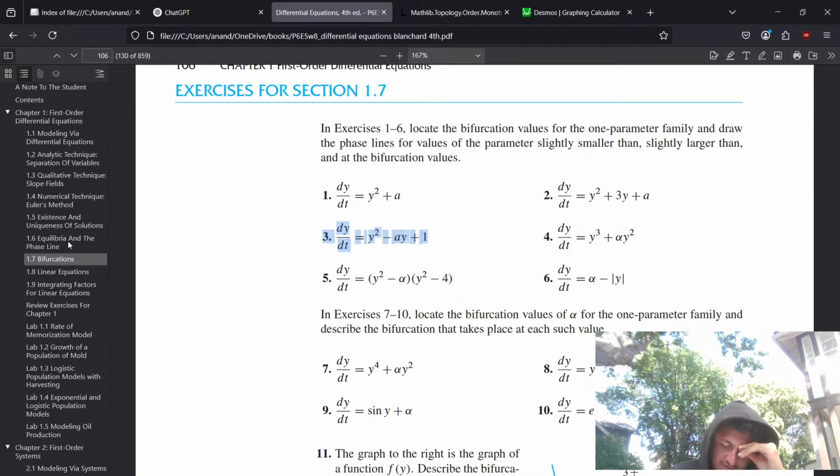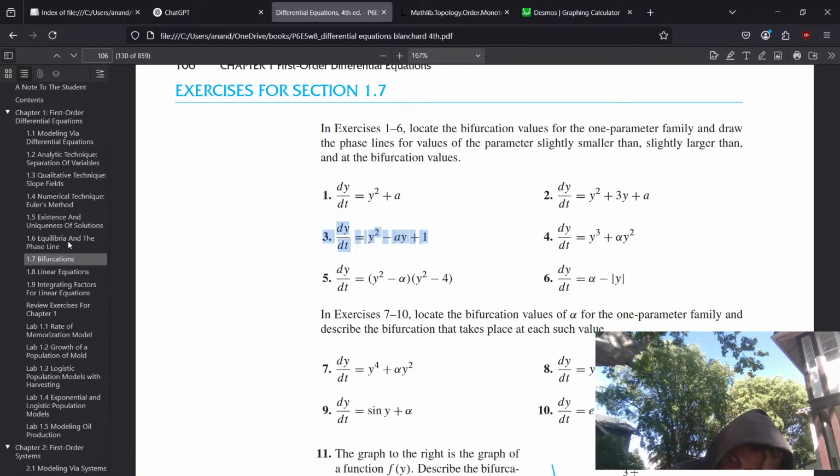We have two values for a which give a single solution to y. Okay, so if a equals 2, then we have minus 2 plus or minus 0 over 2, which is equal to minus 1. Similarly, if a equals minus 2, we get 2 plus 0 over 2 is equal to 1.